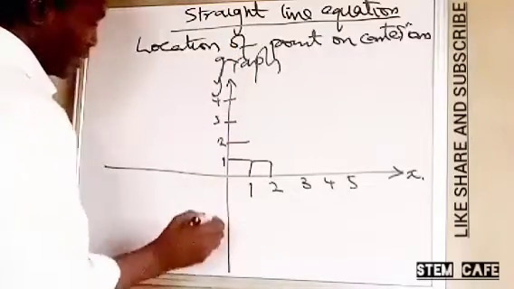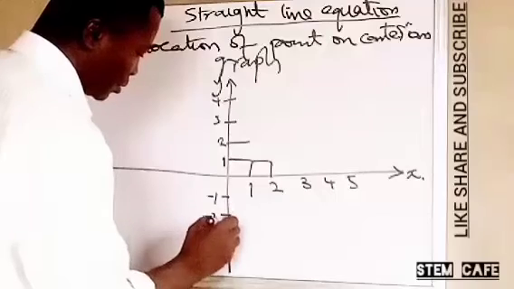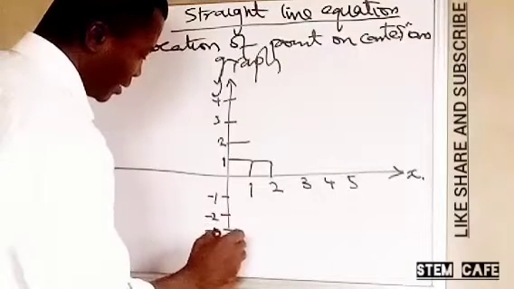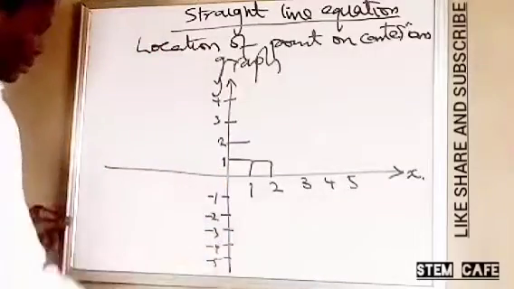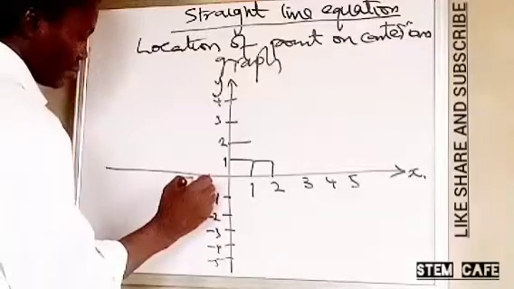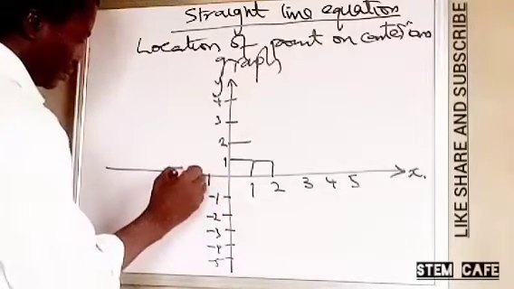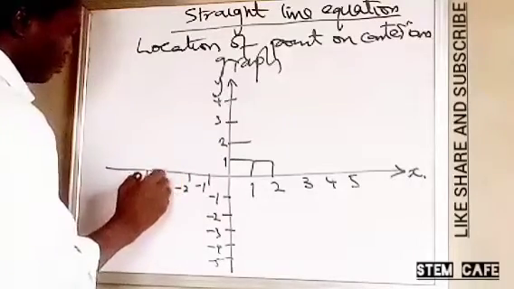Going down we have -1, -2, -3, -4, -5. And on the left side, we have -1, -2, -3, -4.